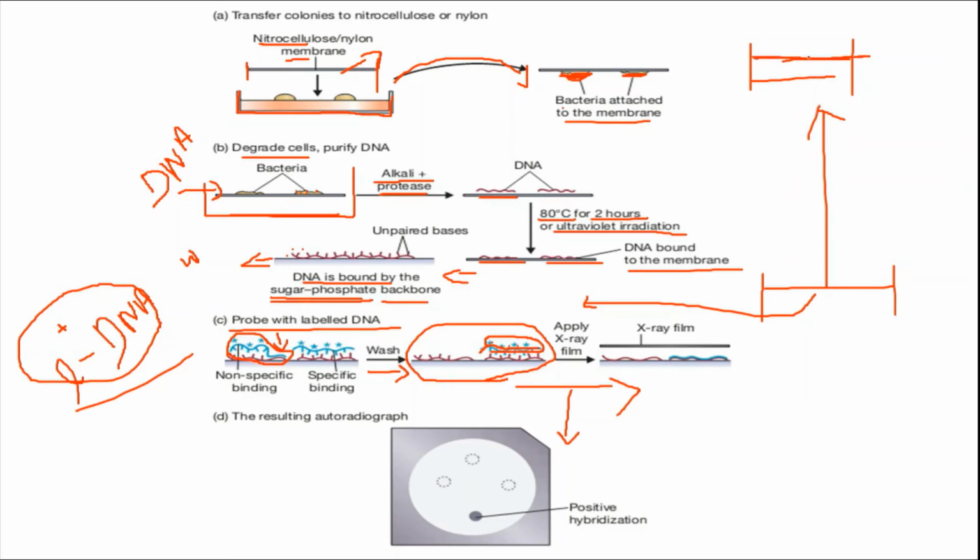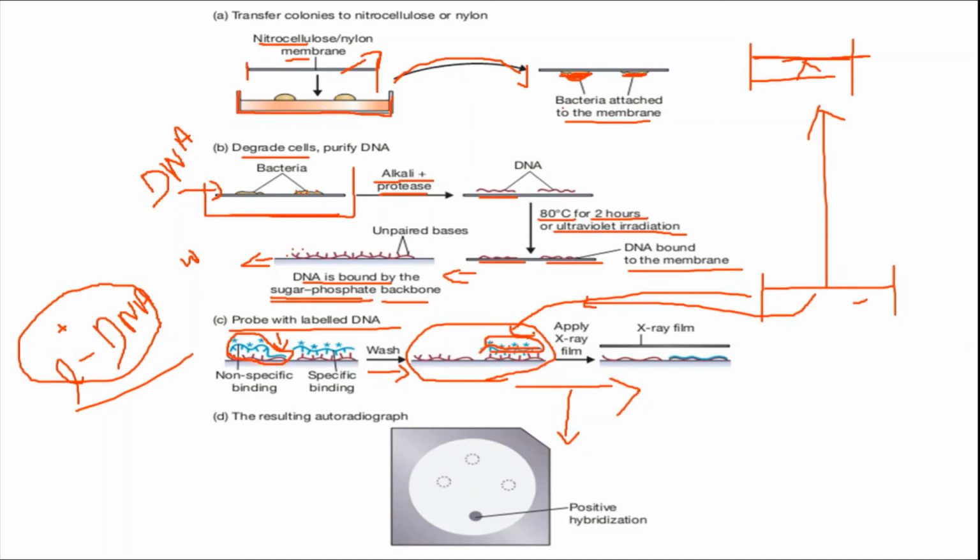If the gene of interest is present in the membrane, the probe hybridizes; otherwise it does not hybridize. Only then are both DNAs involved in the hybridization, because the sequences are complementary to each other.